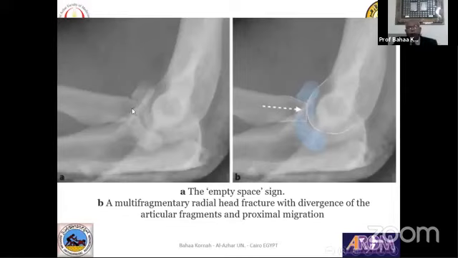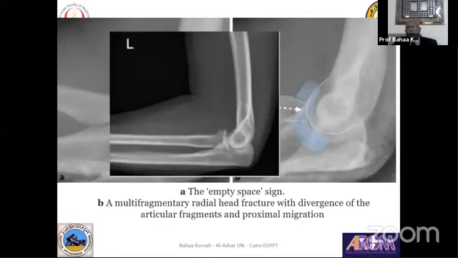Here there is a loss of the space between the radial head and the distal end of the humerus. The multifragmented radial head with migration, diversion of the articular fragment, and proximal migration of the radius indicates the severity of the injury. This is the empty space sign, and this is the empty space for a normal X-ray.